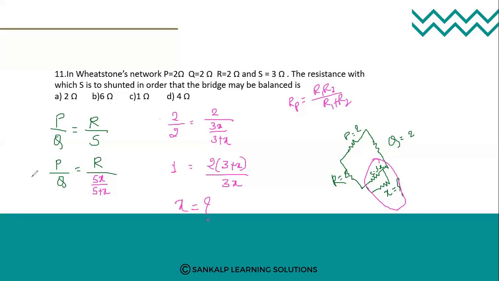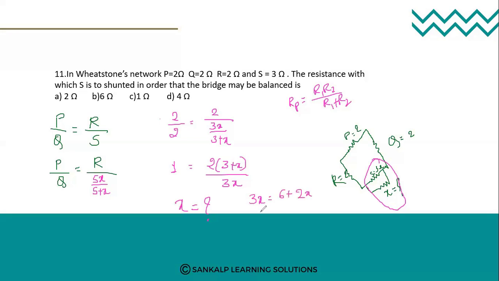Is the question clear to everyone? Anybody want me to explain once again? You can tell. If you simplify this, cross multiply 3X. Here it is 2 into 3, that is 6, plus 2X.